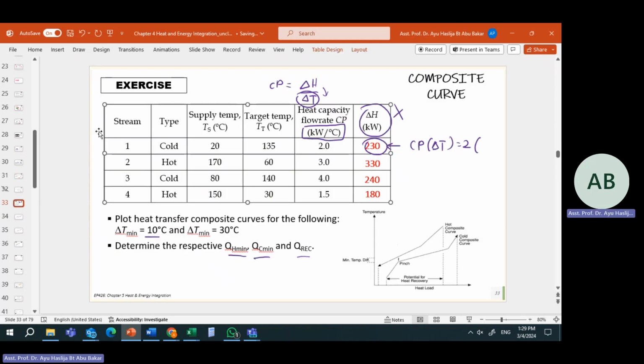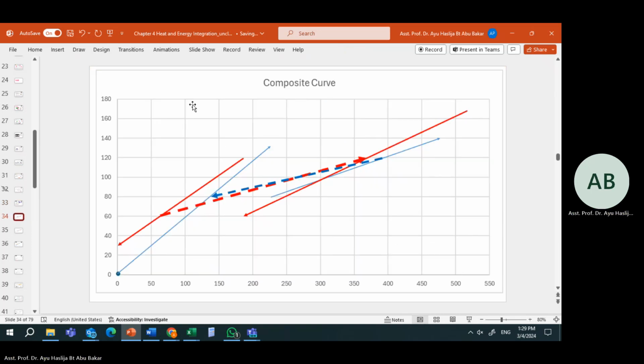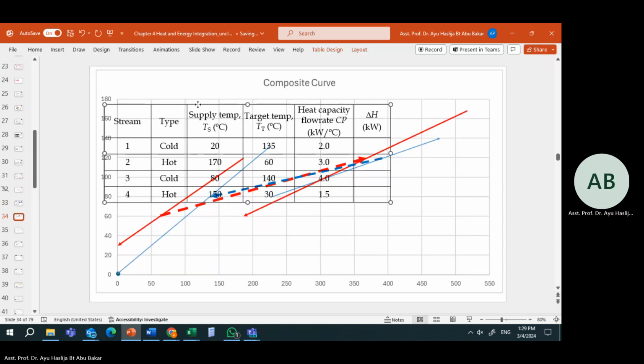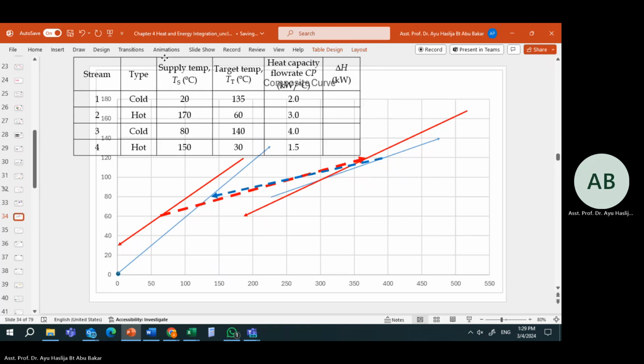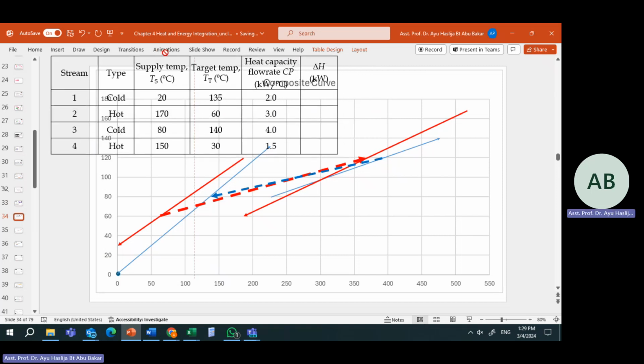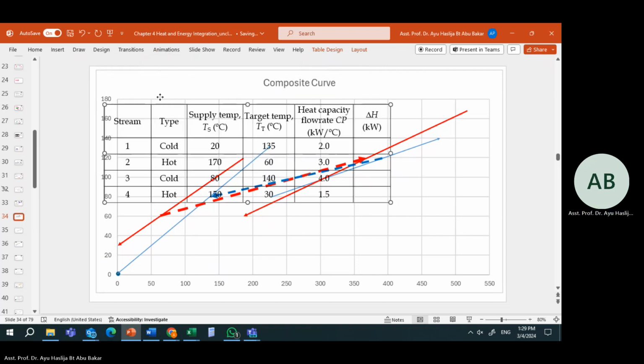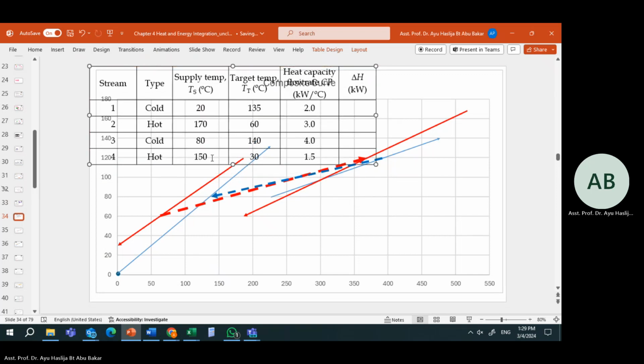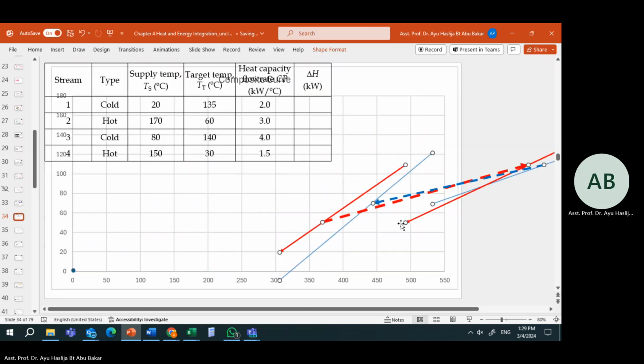I copy back this, easier to see. Let me put this aside first. Okay, we start one by one.